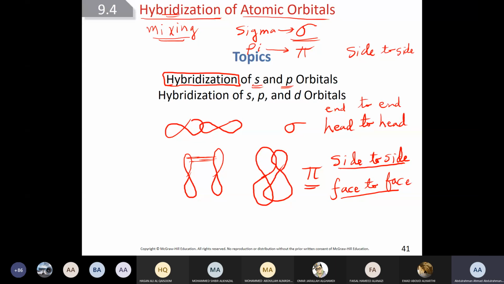It says that in S we have one orbital, and in P, how many orbitals do we have? Three orbitals.